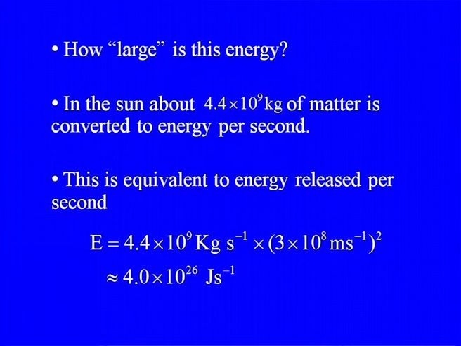You are going to multiply this number, 4.4 into 10 to the power 9 kg per second, by 3 into 10 to the power 8 meter per second, and take the square of that. Then what do you find? You would find that the total energy is nothing but 4 into 10 to the power 26 joule per second.